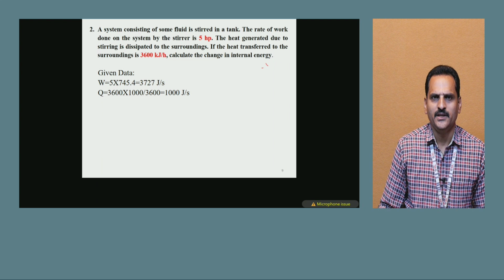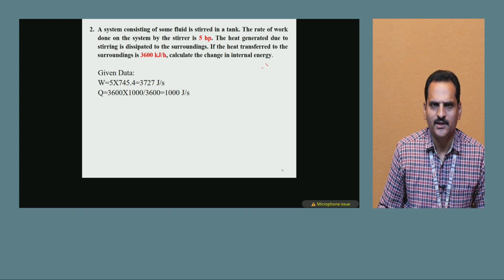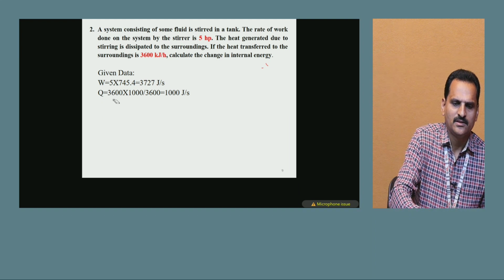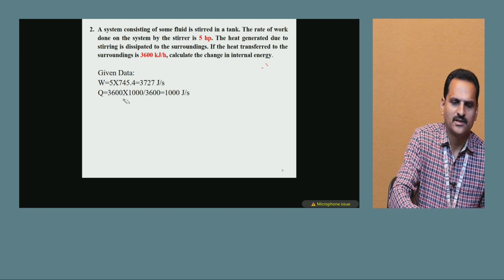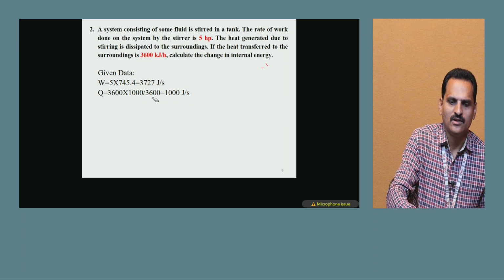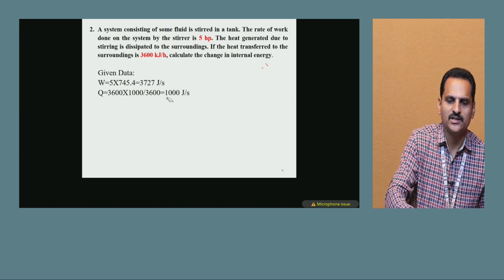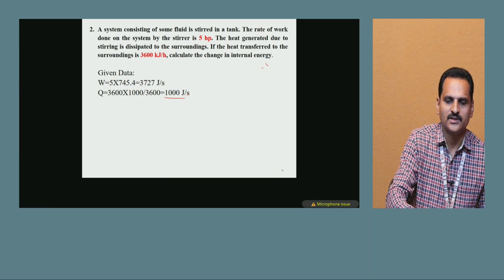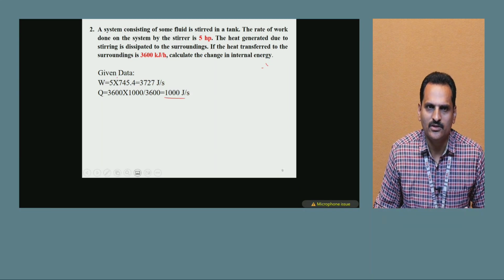Similarly, convert the amount of heat energy transferred from the system to surroundings, 3600 kilojoules per hour. Kilojoule means 1000 joules. 1 hour will be converted into seconds. 1 hour equals 60 times 60, that is 3600 seconds. So we can get 1000 joules per second. Both units should be the same.